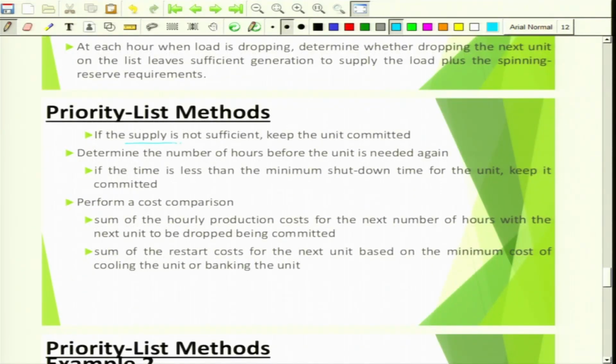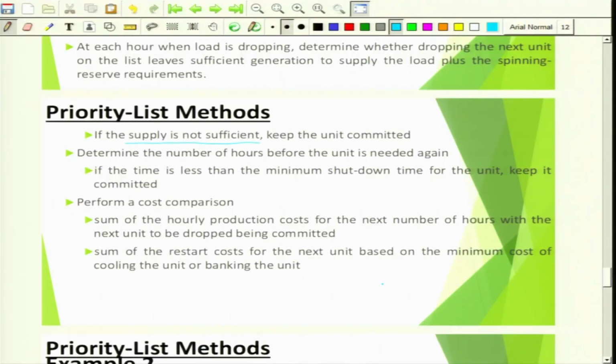Now if the supply is not sufficient, keep the unit committed, though it may be economical to bring it down. The first priority is to meet the technical requirements, then comes the economical requirement, optimization.